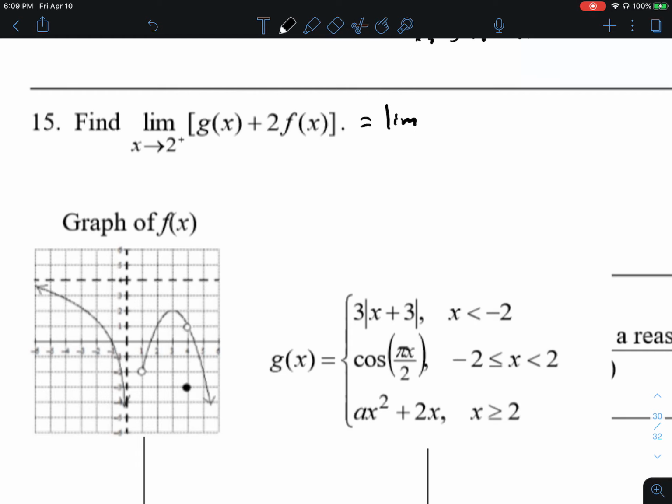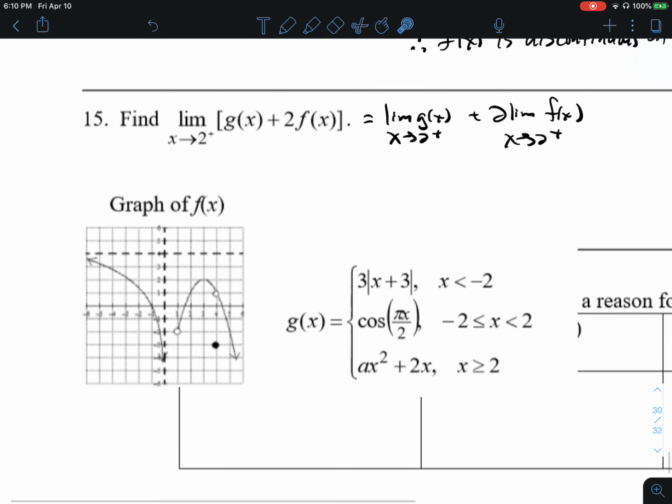So this would be equivalent to the limit of g of x as x approaches 2 from the right, plus 2 times the limit of f of x as x approaches 2 from the right. If x is approaching 2 from the right, that is this little fella here.